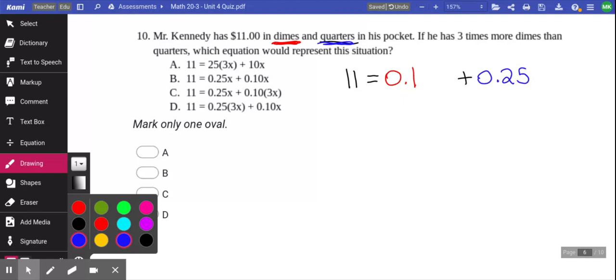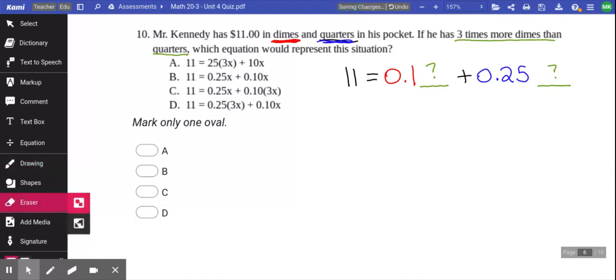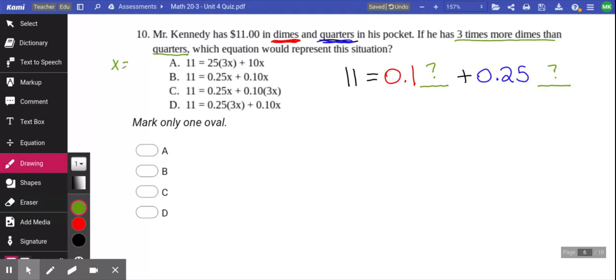Awesome. I left these blanks because these blanks are where you put how many of each coin you have. So it says that he has 3 times more dimes than quarters. So that means if x is my quarters, I would have 3 times that would be my dimes.